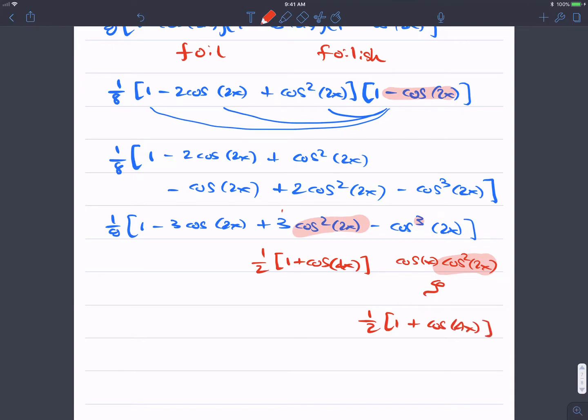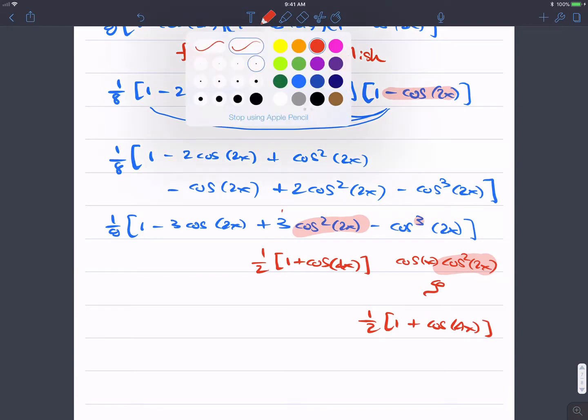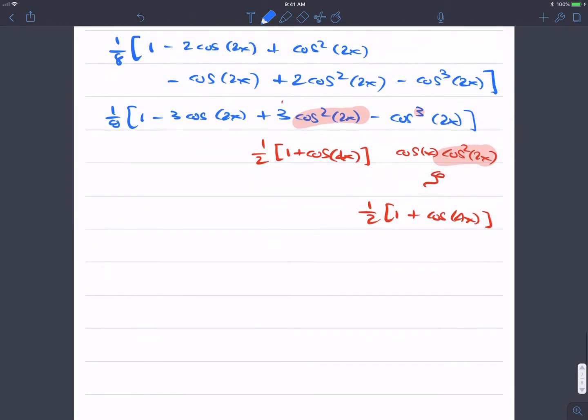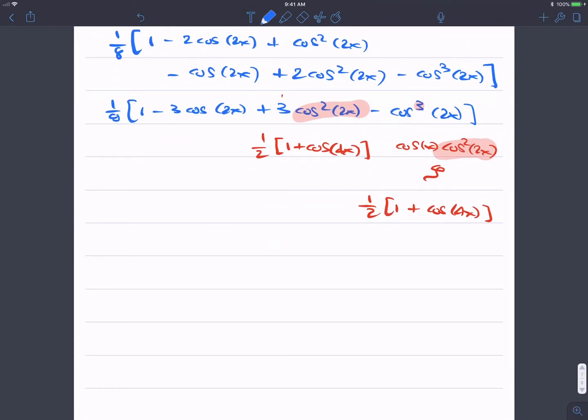So notice here, there's going to be some more algebra, and we have to be very careful here. So I'm going to go through the algebra here and be careful. What I think is good at times for me when I see this kind of problem is I'm aware already what I have to replace that cosine squared with, and I'll just leave it this way. What I like to do is I like to distribute the 1/8. That helps get that 1/8 out of the way.